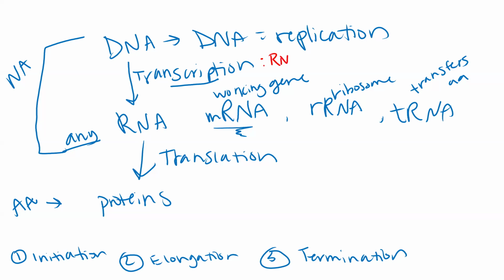DNA gets its own polymerase when it is replicating, right? RNA polymerase binds at the promoter. So that's our initiation. We're going to open up the DNA double strand, bind our RNA polymerase at the promoter, and that's initiation.